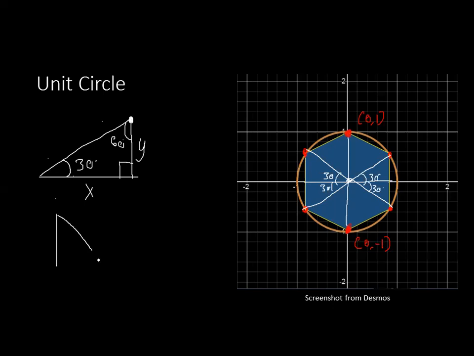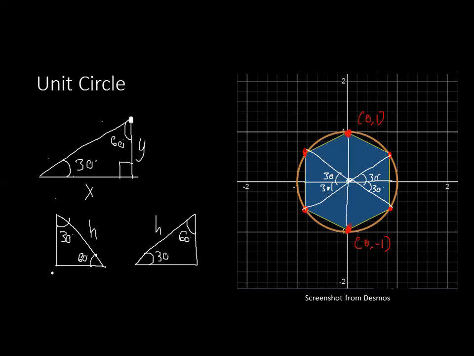So let's just say you have this triangle, you have the hypotenuse. We have two versions actually. Having 60 degrees as your base angle, or having 30 degrees as your base angle, just like this one. Okay? So it's simple.